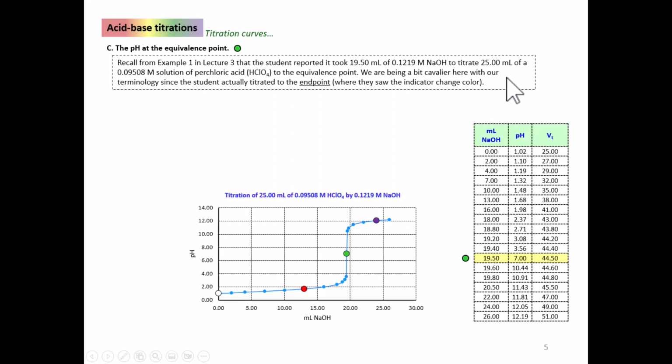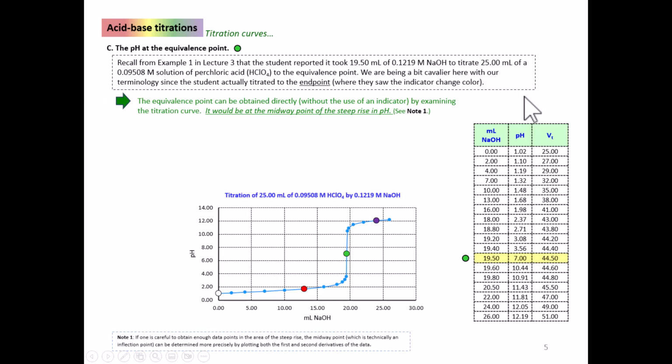When we described this in the previous lecture, technically what we found was that the student found that it took 19.5 milliliters to reach the endpoint, where we saw the indicator change color. And of course, we're assuming that the difference between the endpoint and the equivalence point is negligible if we were really clever about picking out an indicator.